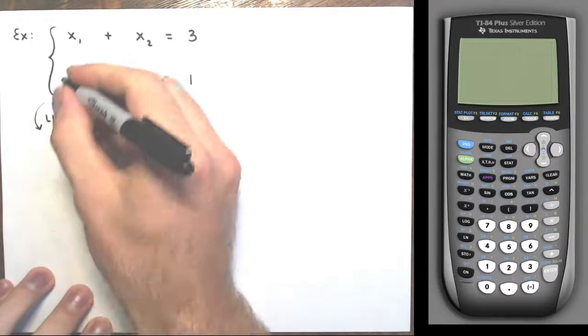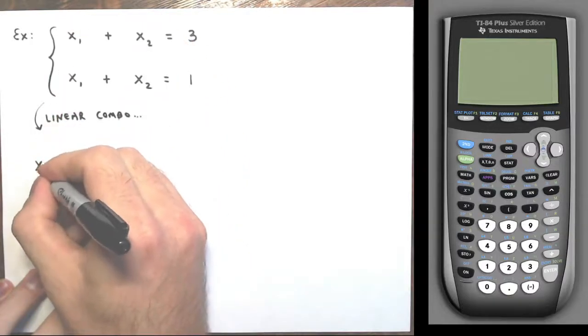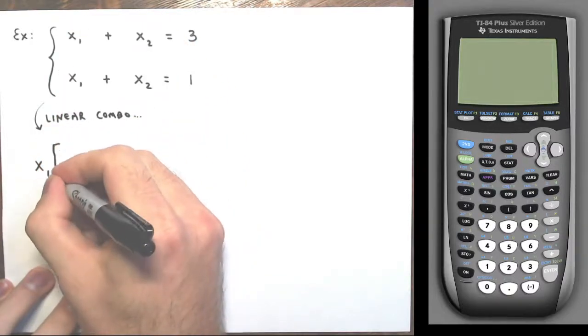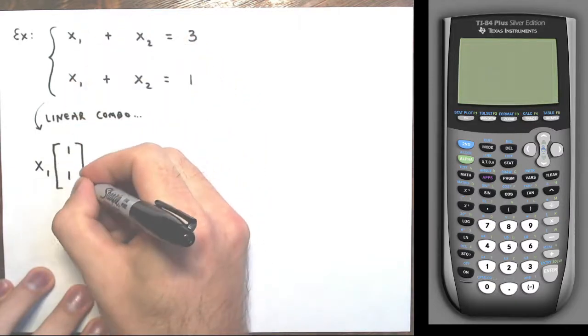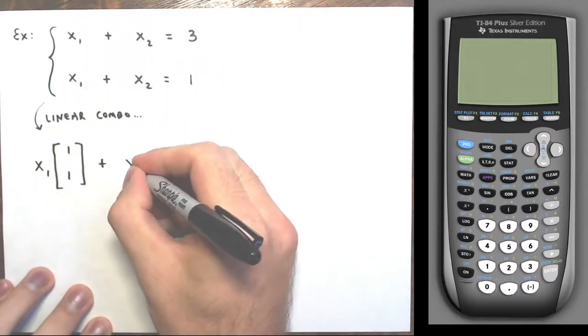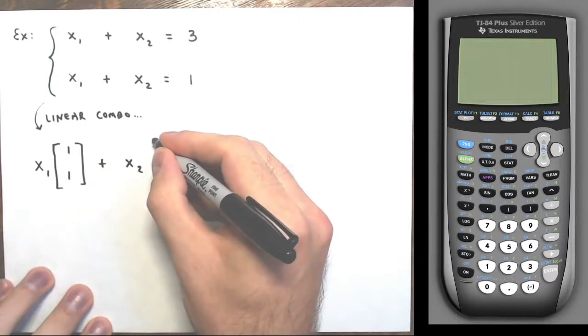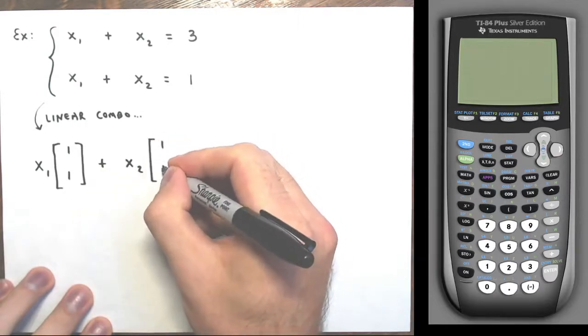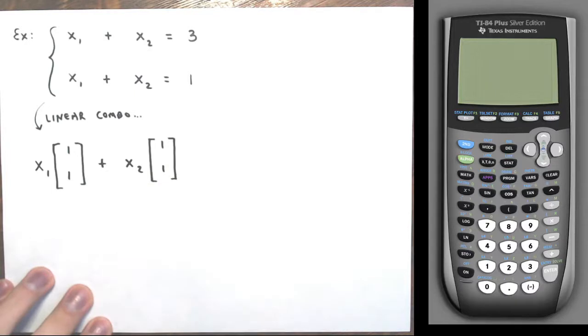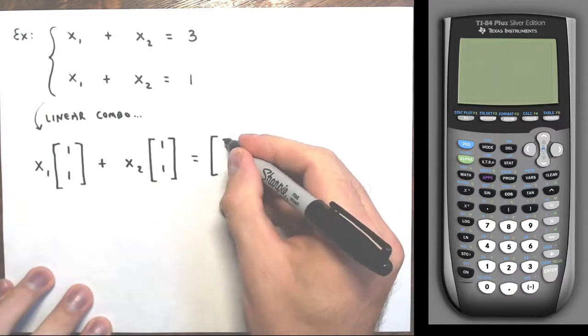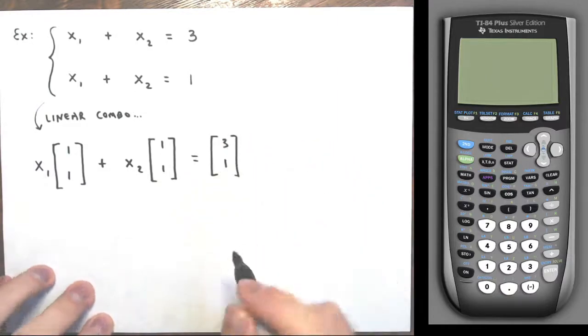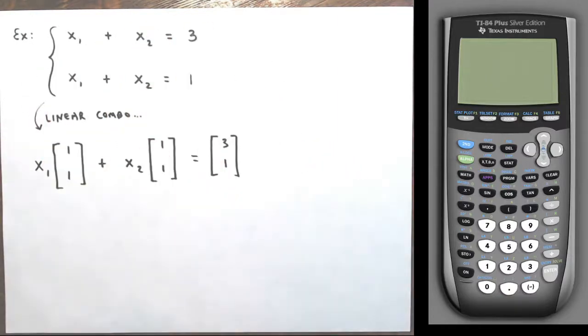And we have, again, you can split this up into the x1 terms. x1 times the vector with its coefficients, 1, 1, plus x2 times, and oh look, it's another one where they're the same, another 1, 1, equals this vector 3, 1. Again, the big question: you see a system of equations.